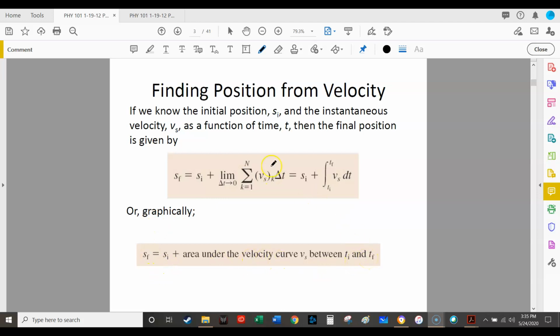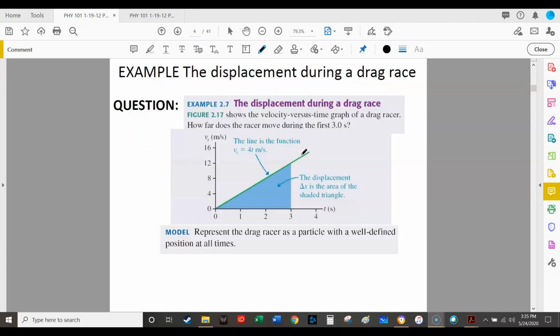Okay? And for my calculus students, you just integrate a velocity versus time equation, and that will tell you the area under the curve, or the displacement of the object. Okay? So the best way to do this is with an example.